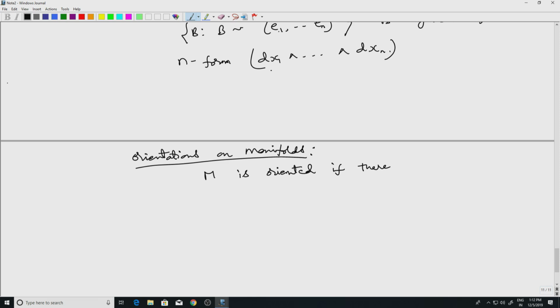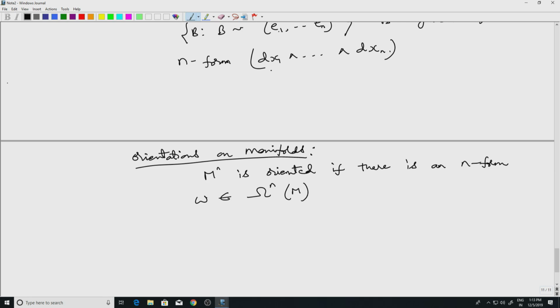When I say oriented, I already have a form in mind. M is oriented if there is an n-form omega, actually let me drop the p, omega. So the dimension of the manifold is n, of course.